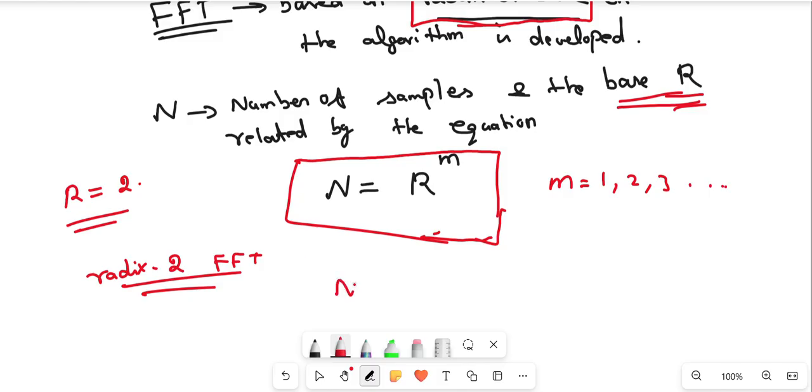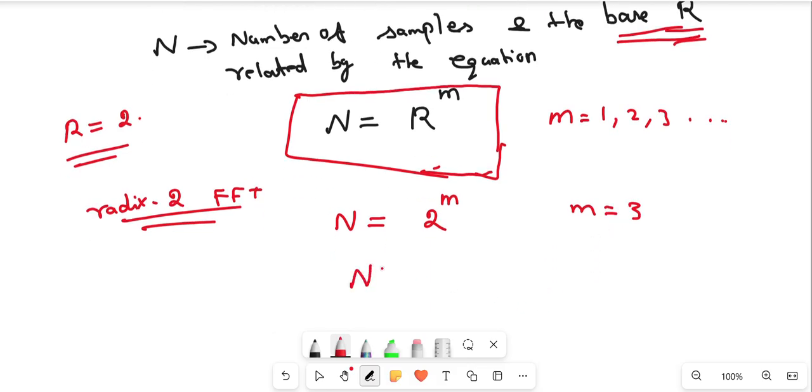So now N is equal to 2 power m. If m is equal to 3, then we get N equal to 2 power 3, which is equal to 8-point. So now, how can you pronounce it? 8-point radix-2 FFT algorithm.